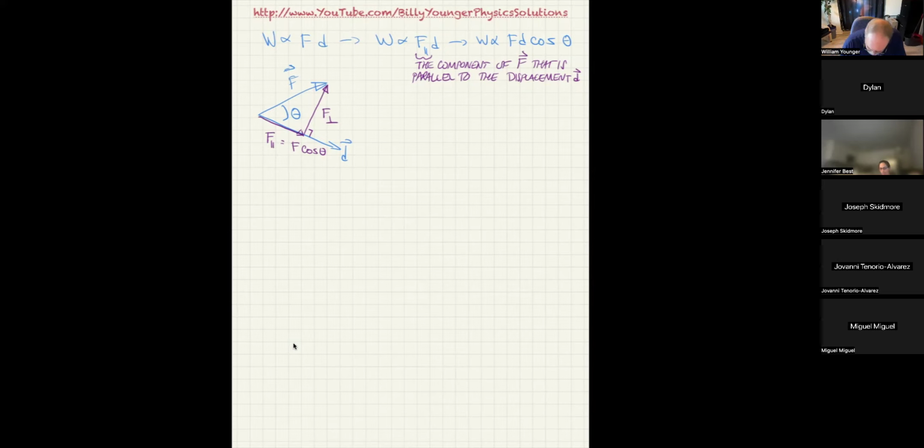Now, if you're dealing with a displacement that's not represented by a straight line very well, then you've got to divide it up more. So you might have a path something like this, and you're going this way and this way and this way.